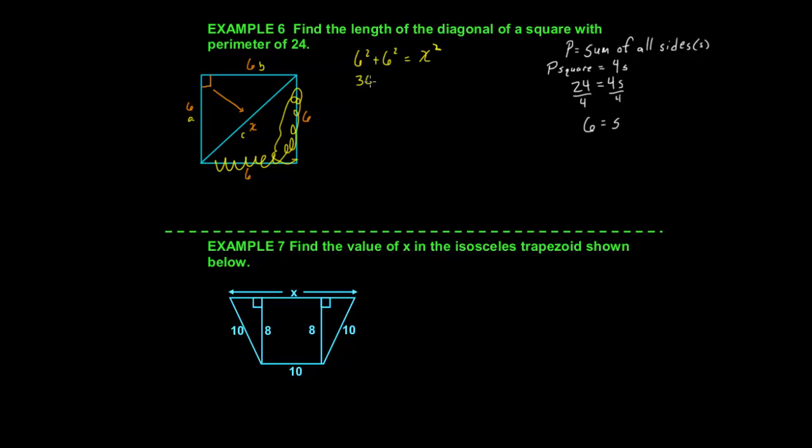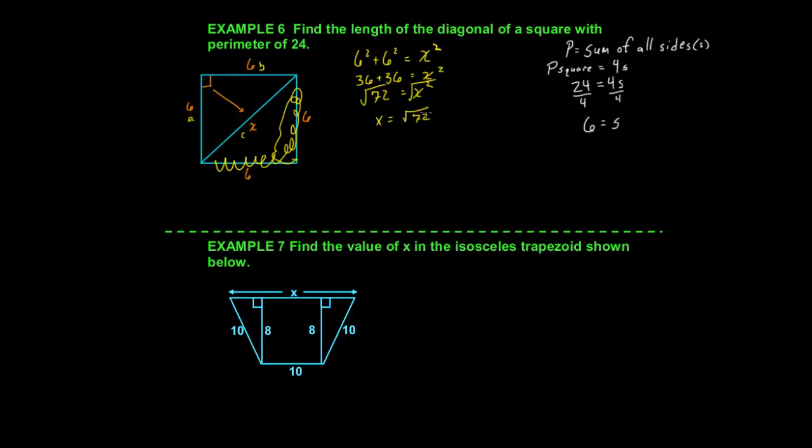Alright, 36 plus 36 equals x squared. 72 equals x squared. Now let's take the square root of both sides. I'm going to rewrite it: x equals the square root of 72.